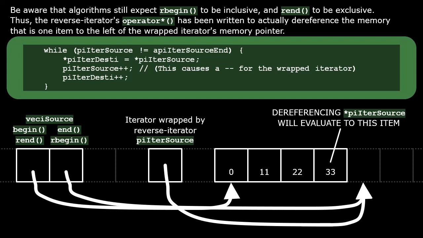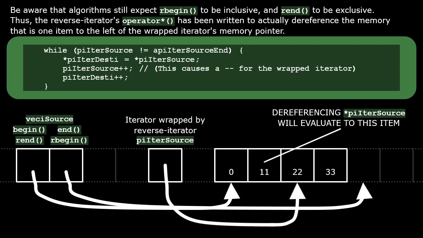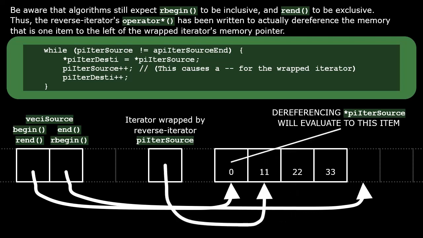Also consider where our iteration ends. Ordinarily, the final item we would try to dereference would have been the prior item before reaching some end position. But now it's the prior item before reaching the rEnd position.